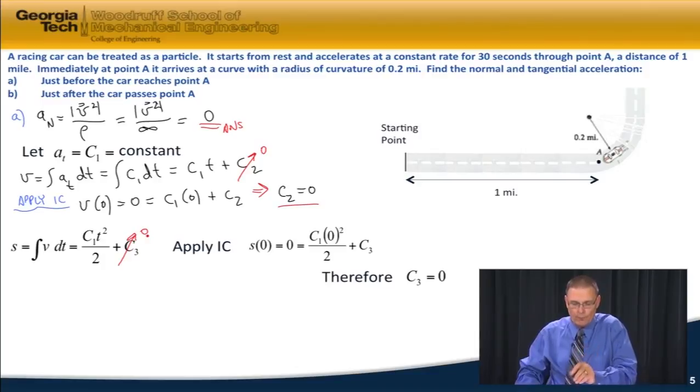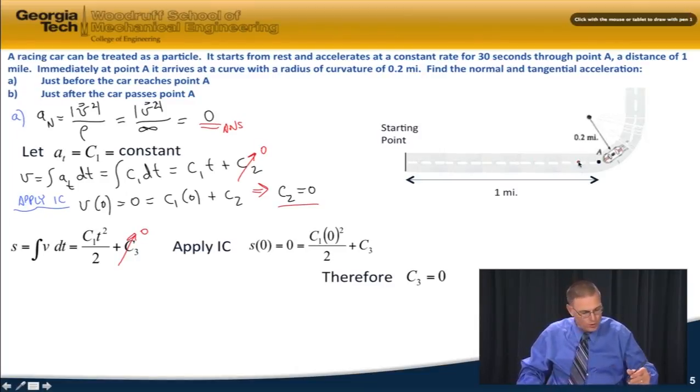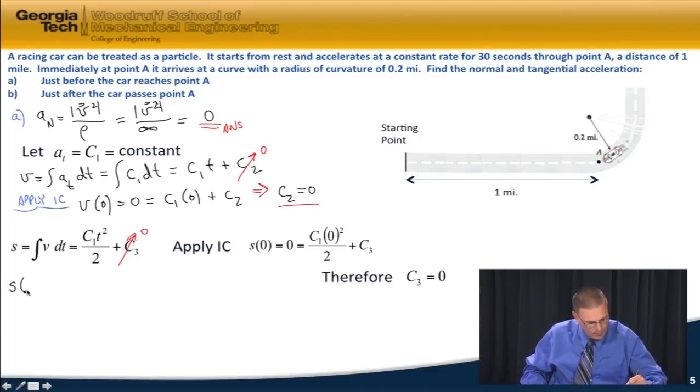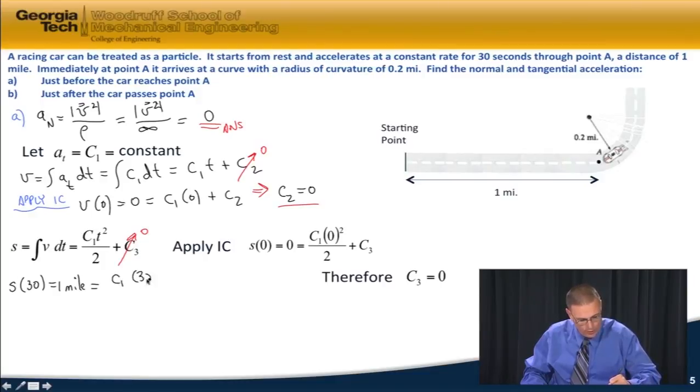And so now I have an expression for the displacement. I also know some more information. The position or the displacement at 30 seconds is 1 mile. So let's use that. I have S of 30 equals 1 mile equals C1 times 30 squared over 2.